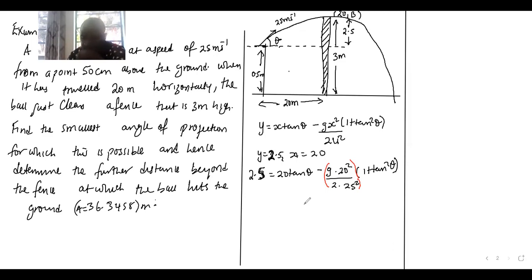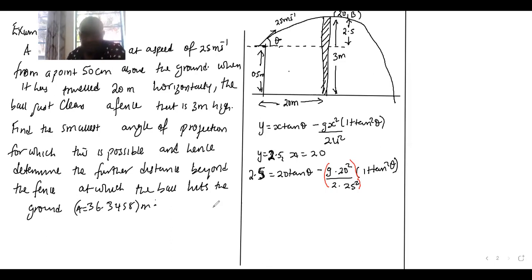When you divide, because you're multiplying 9.8 times 400, divided by 2 times 625, 625 times 2 is 1,250. So you are ideally dividing 400 by 1,250, then times 9.8. It can't be that value.